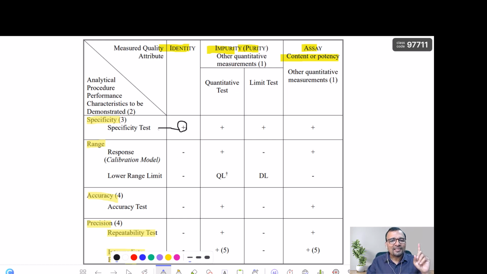Specificity test. The plus sign indicates that this parameter needs to be performed. There is no need to perform range as far as identity is concerned. There is no need to perform accuracy, and also no need to perform precision. So according to ICH Q2(R2), you need to only perform the specificity test for an identification test. The rest of the performance characteristics are not required.